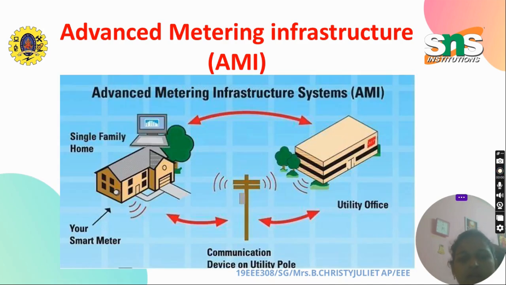So this is the basic diagram for advanced metering infrastructure systems, wherein a two-way communication is established between the utility and the consumer premises. How is it done? It is done by installing a smart meter at each and every home.